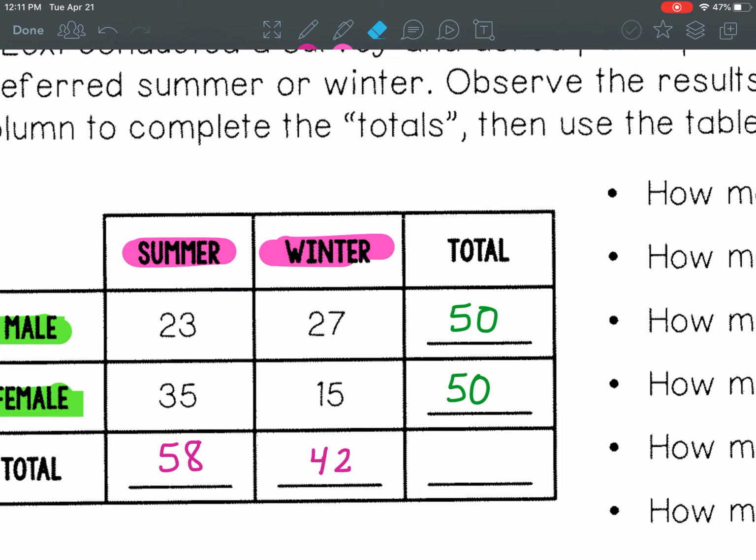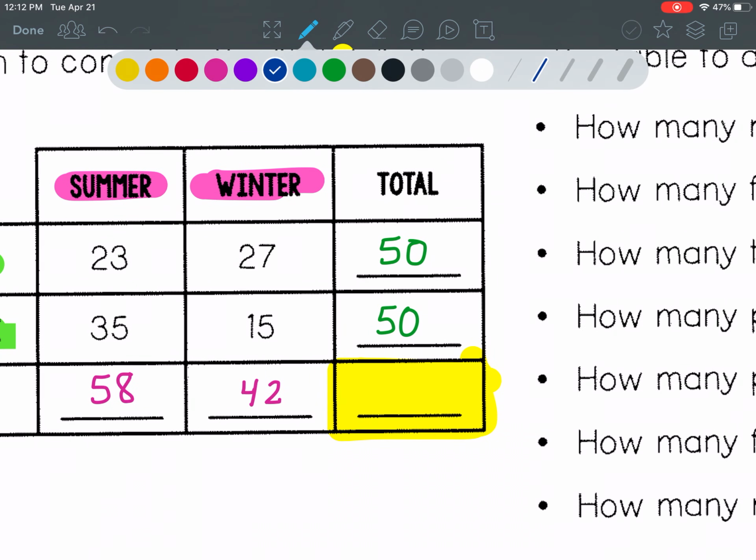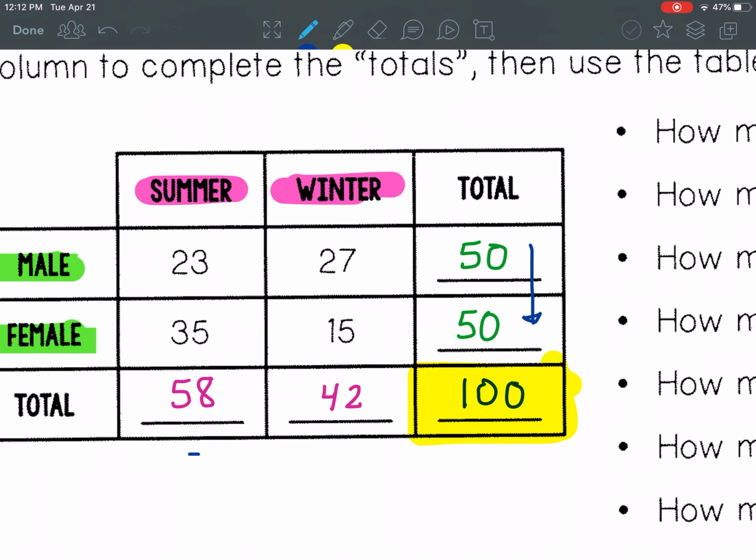Okay, now this spot right here is very important because this is going to be the total overall. We are adding in two different directions. So these two added together, 50 plus 50, is going to equal that total 100. Now, we always want to double check if we add this way, it should also add to 100.